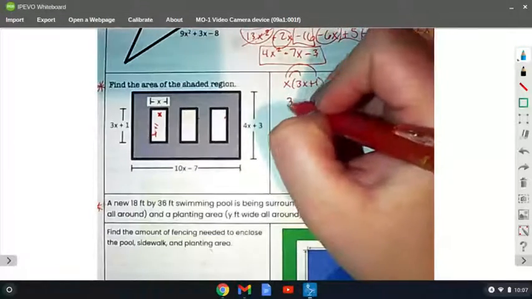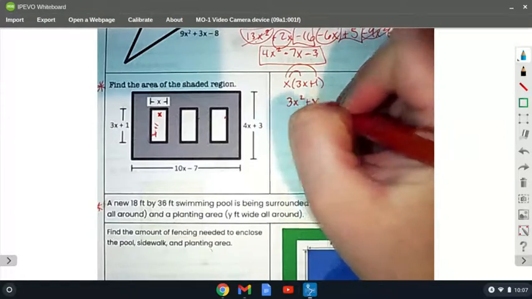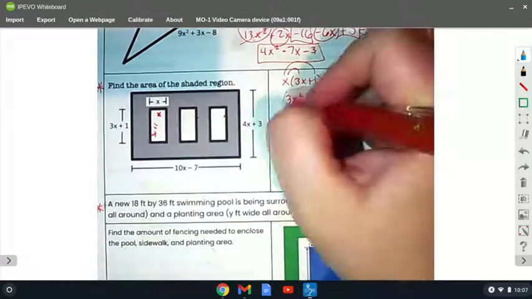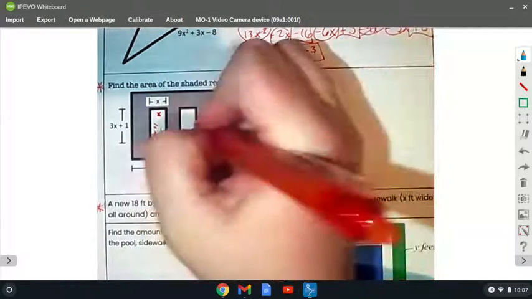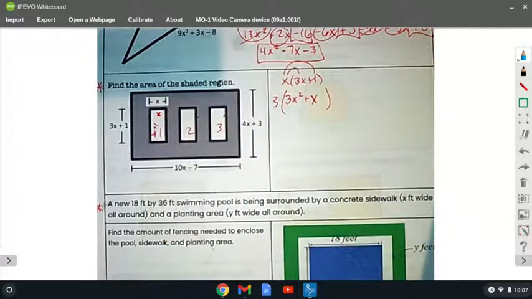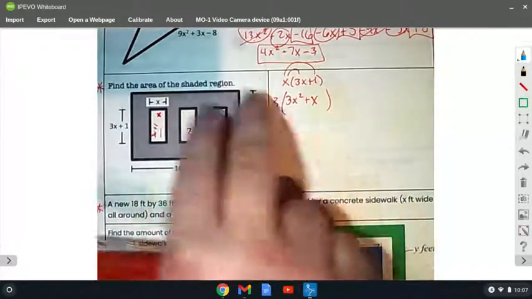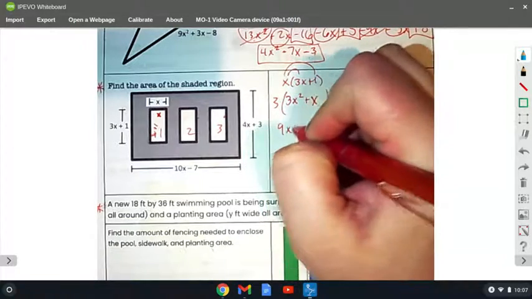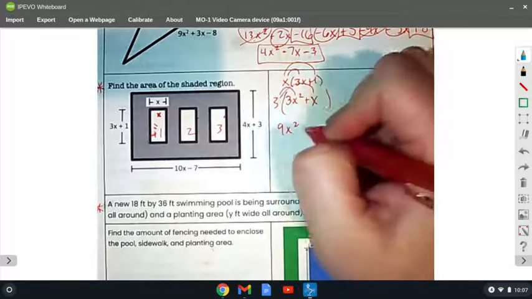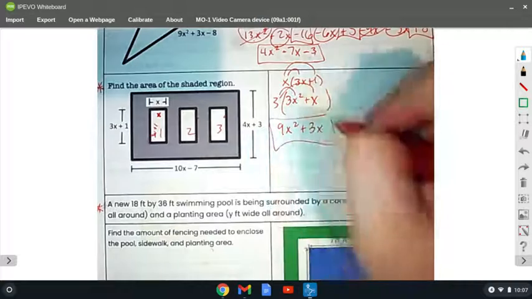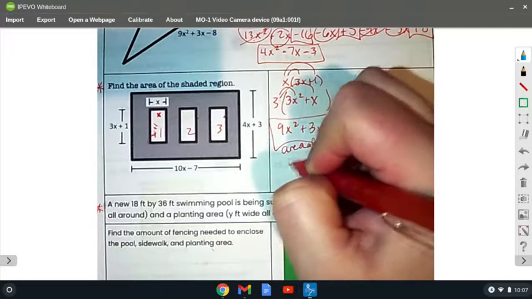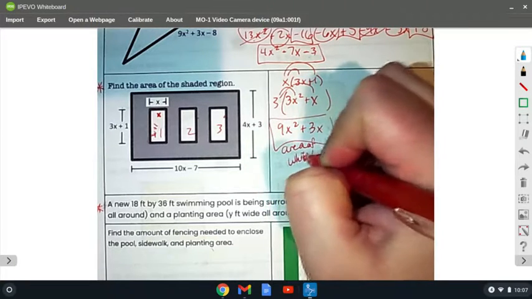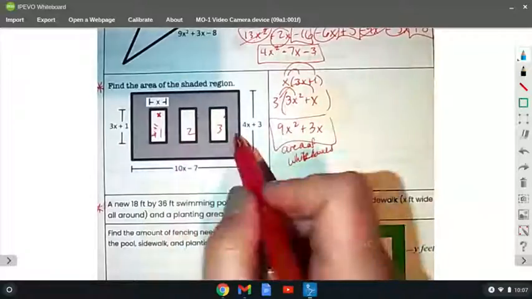So if I distribute there, that would be 3x squared plus x. Now I'm going to multiply this by 3 because there's 1, 2, 3 boxes. So then I'll have the area of everything in white in here. So that's 9x squared plus 3x. So this is the area of the white boxes combined.